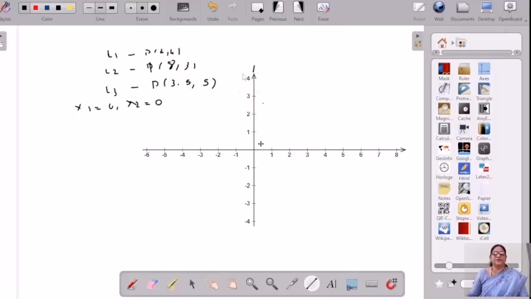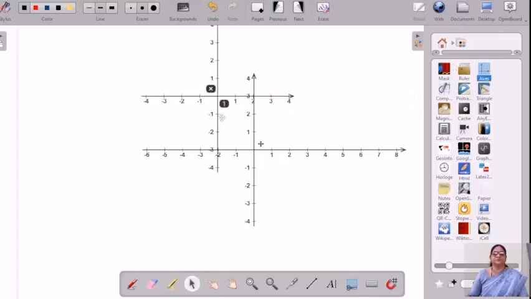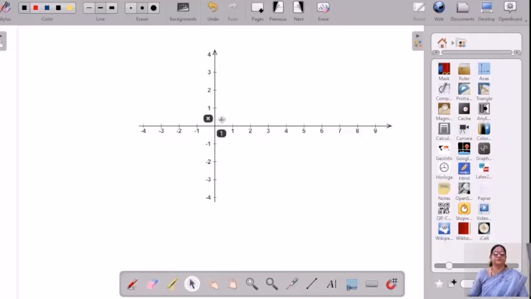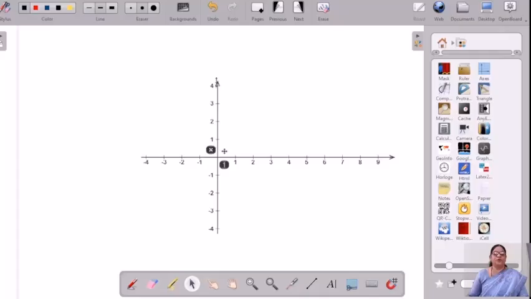First line is passing through the point 4, 4. According to the points, we can move the graph.